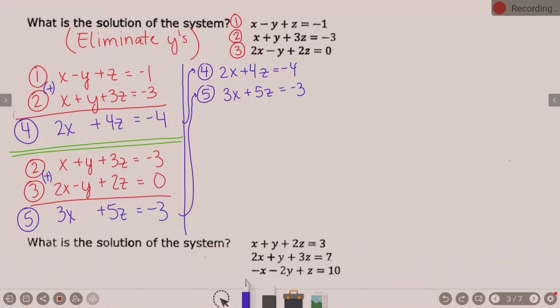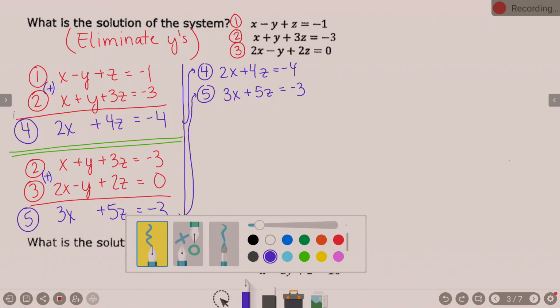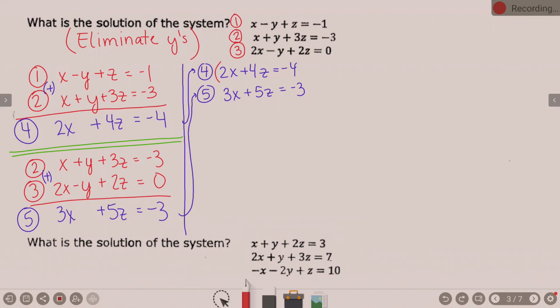You guys want to eliminate x? Here's the deal. You can do whichever. If we eliminate x's, I'm multiplying the top equation by 3, and I'm multiplying the bottom equation by negative 2. I like the idea of negative 2, because my question is, how do I get 2x and 3x to have the same coefficient?